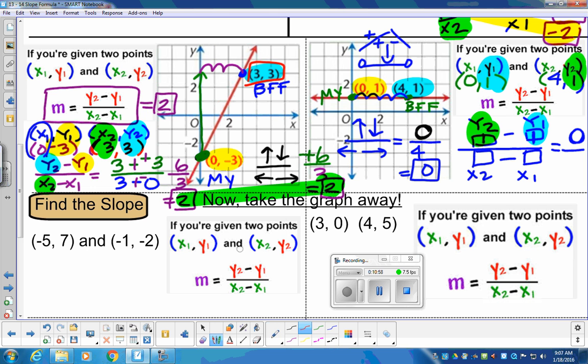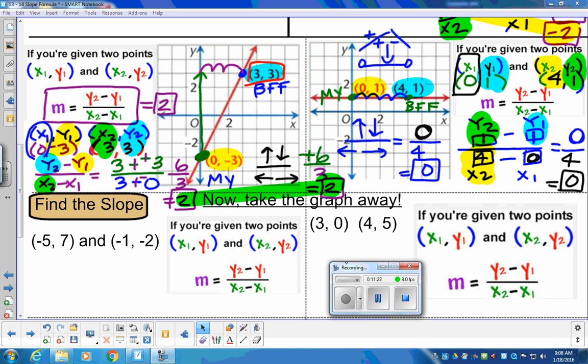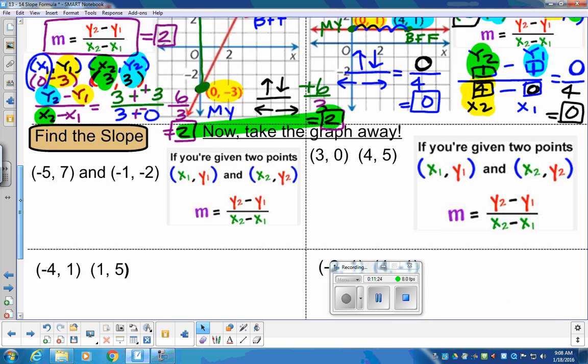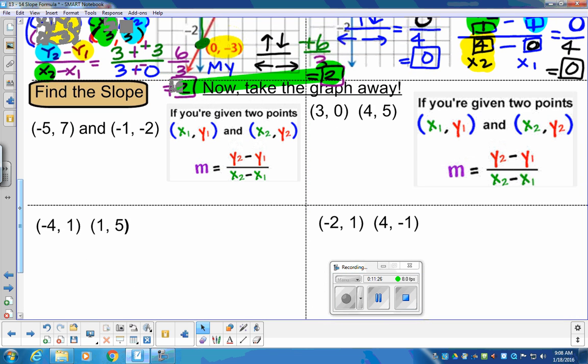As I continue to work through that denominator, the x2 value we're going to put in this box right here. That has a value of, it looks like 4. We're going to put a 4 in that box. And cleaning up the rest of that, the x1 value has a value of 0. So we have 4 minus 0 in the denominator. 0 divided by 4 gives me a slope of 0. So either way, graph or formula, we get a slope of 0, which means it's not a scary line. We could cross-country ski. It is doable, just not scary.